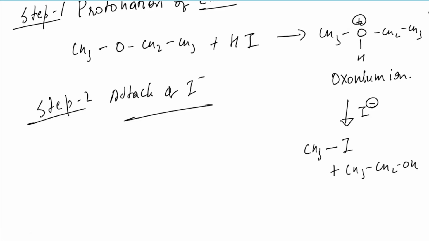Okay, this reaction can be studied in two steps. First is the formation of oxonium ion. Whenever this question comes now, we have to do this by mechanism only. The first thing we will do is form an oxonium ion, and if the alkyl groups here are primary and secondary, the reaction will proceed by SN2 mechanism.